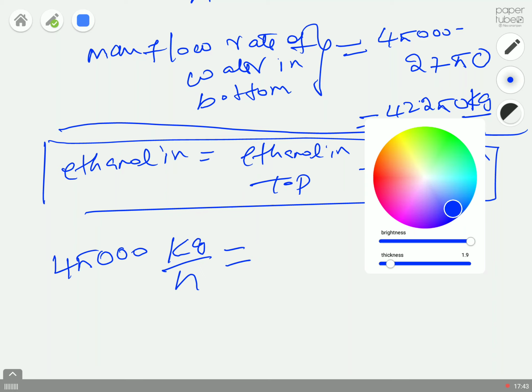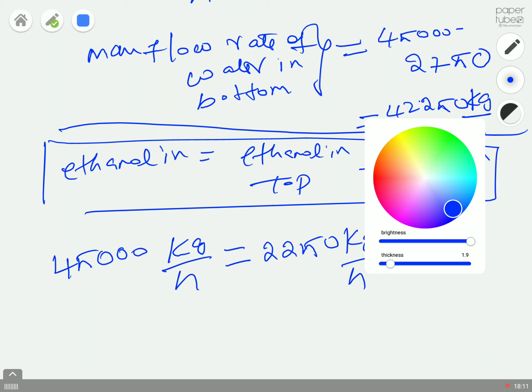How much is ethanol in top? 45%. Okay, so you already calculated 2250, I think. Yes, 2250 kilograms per hour.